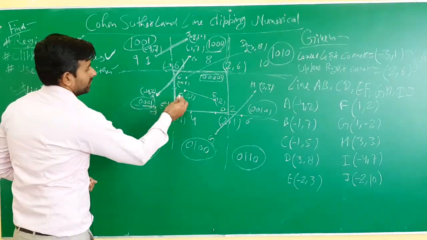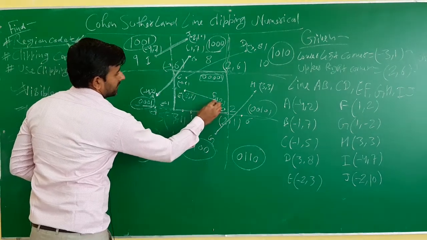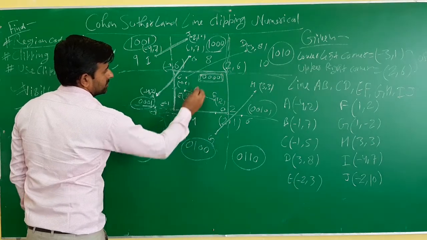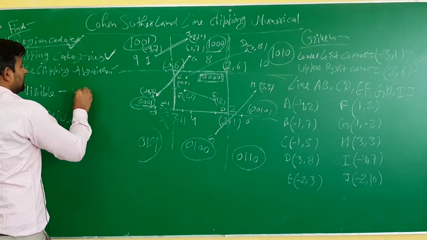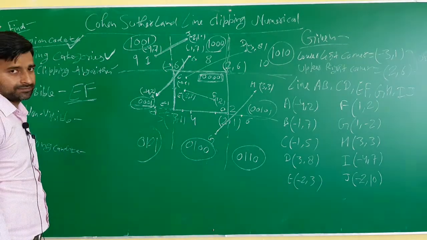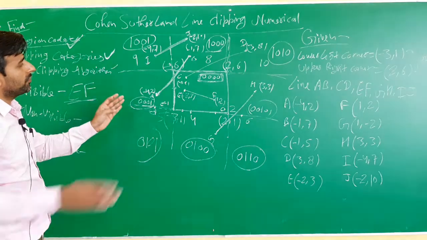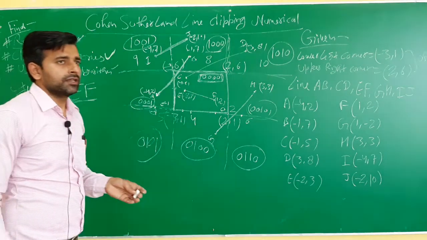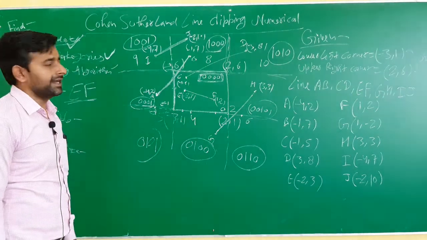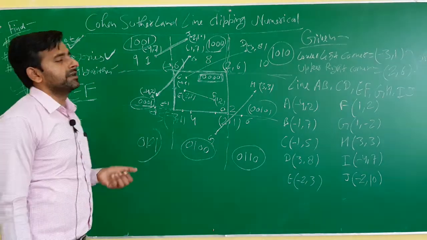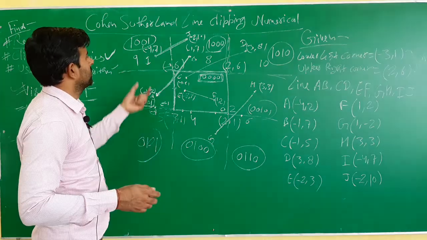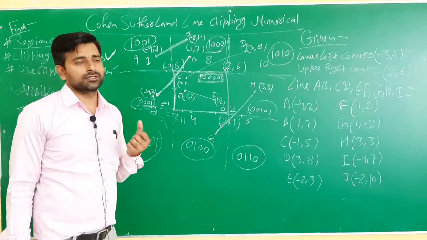Like here, for line E and F, both have the region code 0 0 0 0, so line EF is in the visible category. For any other line, we have to follow a process: we take the logical AND operation on the region codes.